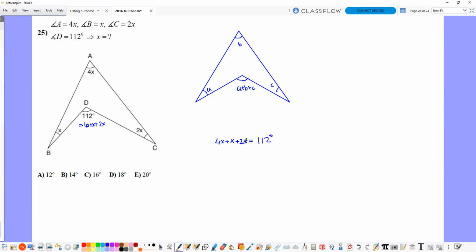So 5x plus 2x is equal to 7x, equal to 112 degrees. Actually, we are looking for x. So x is equal to 112 divided by 7, which is 16. So the answer is 16, and that's going to be C.